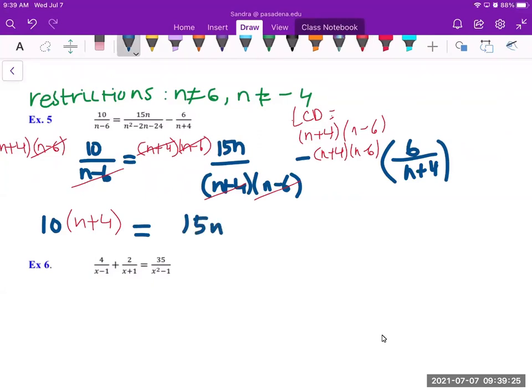You only have left 15n minus, n plus 4 cancels, 6 times n minus 6. You do all this work just to get rid of the fractions. Now I'm going to distribute.